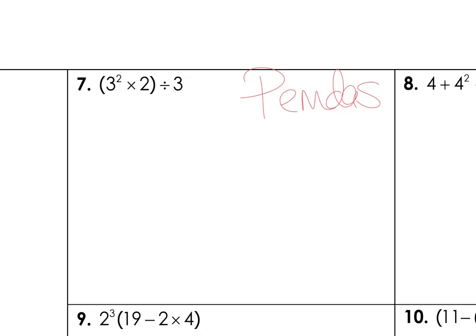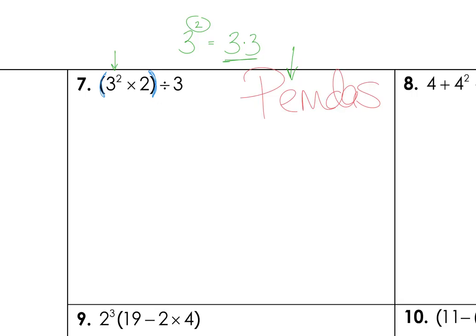All right, we got more PEMDAS. Inside of our parentheses is where we're going to start. Inside our parentheses, we have an exponent. There it is. So if you don't know what an exponent means, 3 to the second power means it is 3 times 3, that many times.